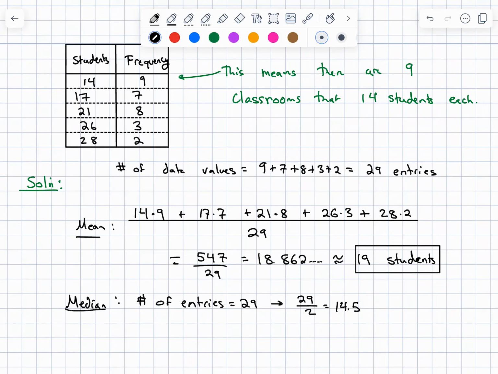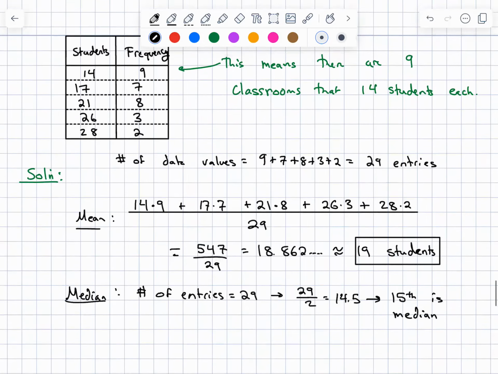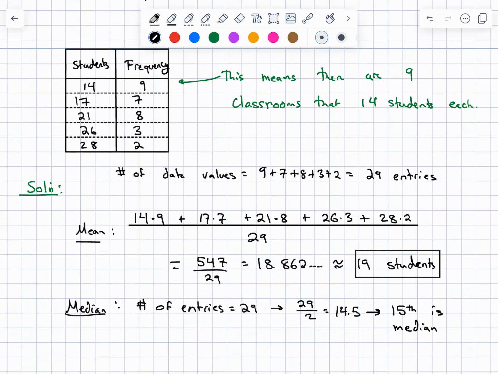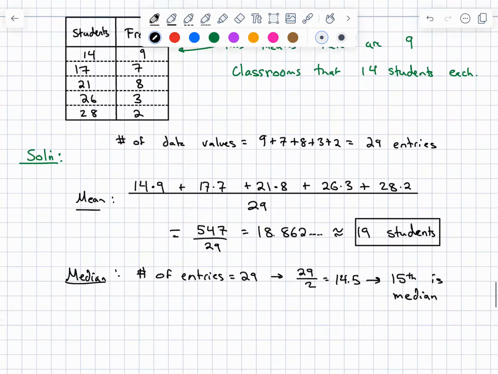So the next integer above that is going to be the entry, the median. The 15th is the median. So I'm going to look at this and immediately tell you that the median is equal to 17.